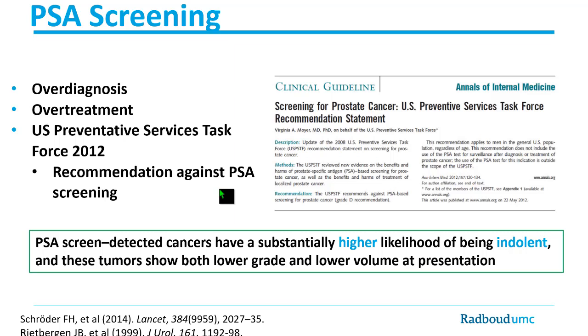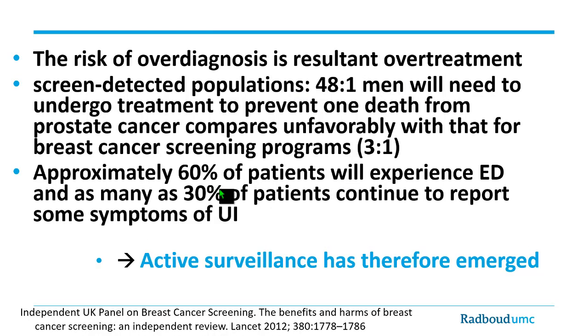Also, if you look into the details, PSA screen-detected cancers have a substantially higher likelihood to be less aggressive, indolent, and these tumors show both lower grade and lower volume disease at presentation. So most likely the patient will not die from this disease.